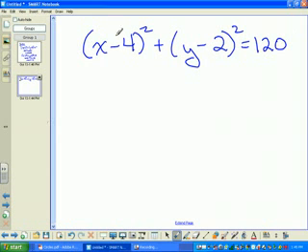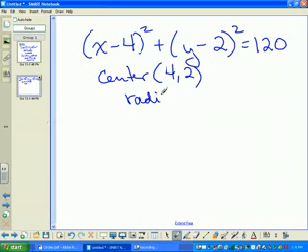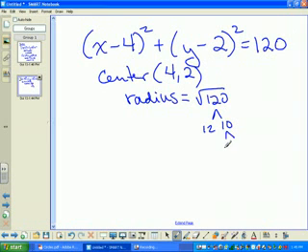So what do we know? The center is 4, 2. It won't be perfect, but we know we'd have to take the square root of what? Square root of 120. So we simplify that the best we can. So 120 will break down to 12 and a 10. 10 is going to break to 2 and a 5. 12 can break to a 2 and a 6.